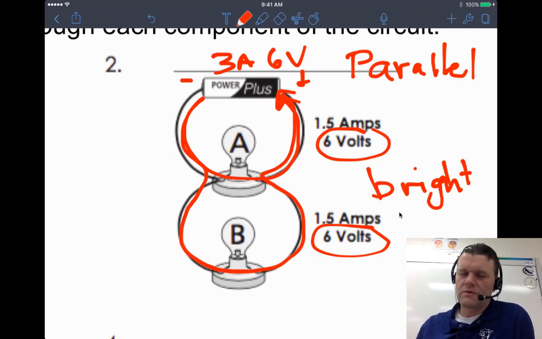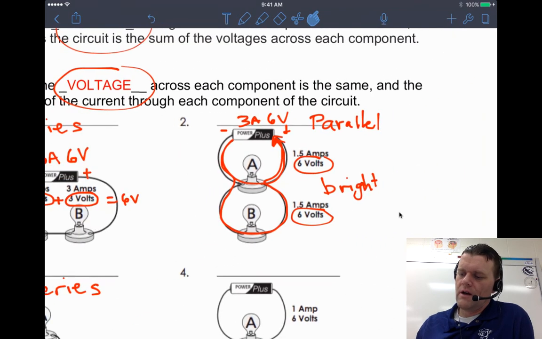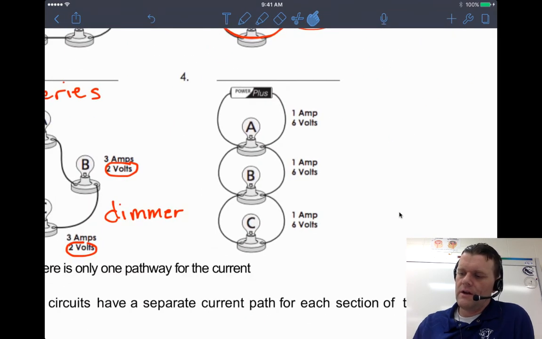Yes, their current is restricted a little bit, but each electron that's going through has that much energy, and that's enough, at least in this simple drawing, for the light bulbs to have the same brightness, which is kind of cool. So just to expand that a bit further, we come down to look at the last one.